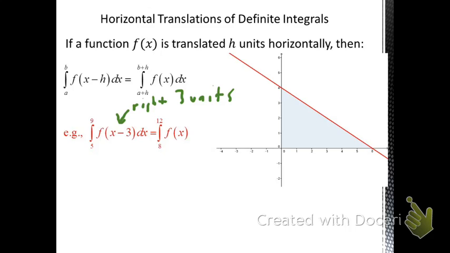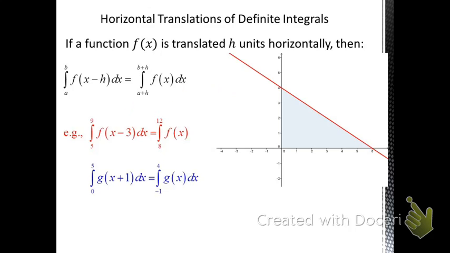Okay, now similarly, the function g of x plus 1 translates g of x 1 unit to the left, and so you could find the integral for g of x plus 1 if you use the original function, but just subtract 1. Since you went to the left, subtract 1 from each of the limits of integration.